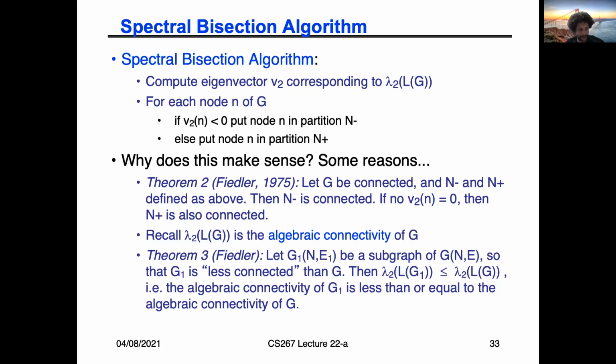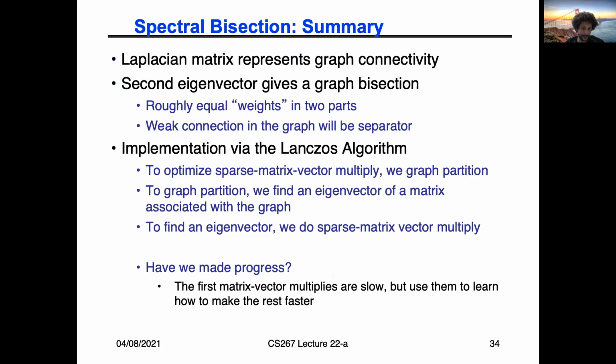Okay, that seems all great, but how do we compute the second eigenvalue and the eigenvector associated with it? Well, there we go and implement something called the Lanczos algorithm, which is an iterative algorithm that does sparse matrix vector multiply. One can ask, why did we do this? Because our initial motivation for studying graph partitioning was to partition the graph so that we minimize communication in sparse matrix vector multiply.